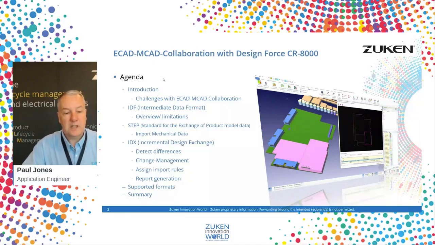Also pre-assigning different types of rules for importing. We can configure that so they're there for reuse over and over again. The other thing we can do now is report generation. And then finally, I'm going to go over some of the supported formats, and wrap up with a summary to reiterate some of the things that we will have gone through in the previous slides.